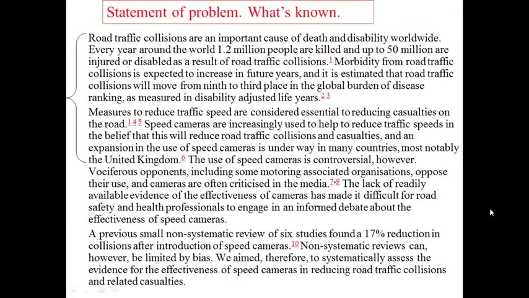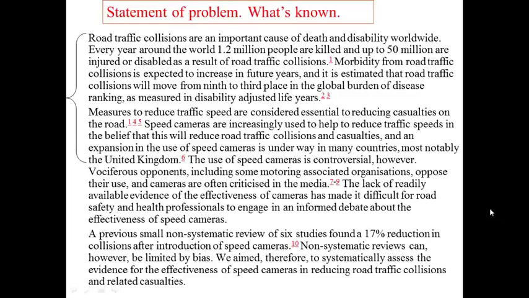So we get a kind of a statement of the problem and the what's known. So they give you a little background about traffic collisions on the road being an important source of mortality and morbidity worldwide. Little kind of background information. And then they get into the specific question of interest here. So measures to reduce traffic speed are important because we know that if you can get people to drive more slowly, you will reduce the number of deaths, road traffic fatalities.